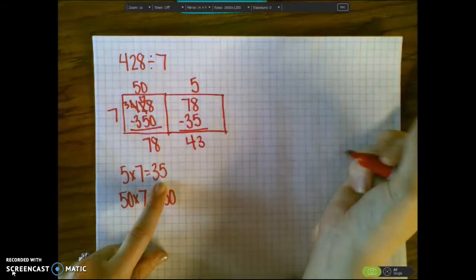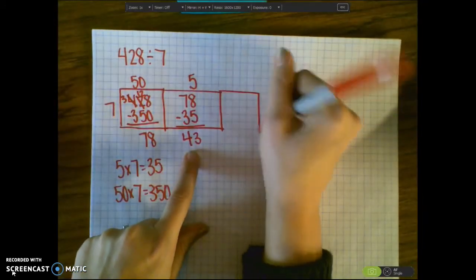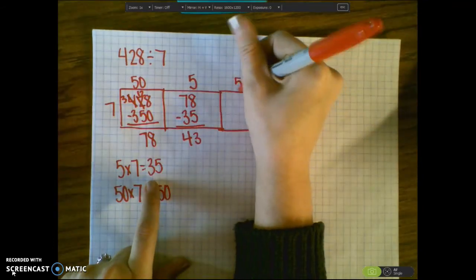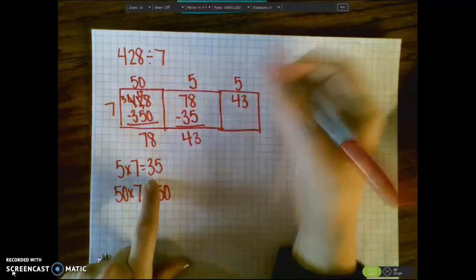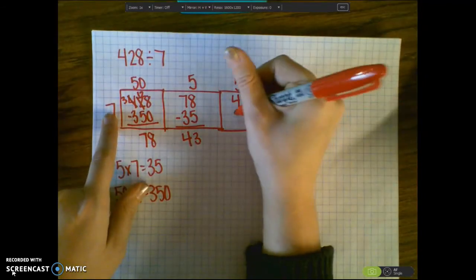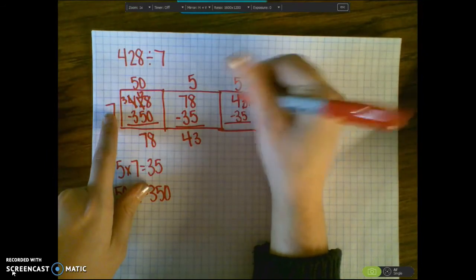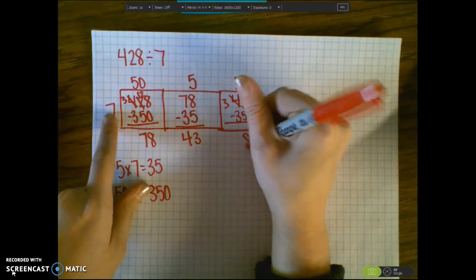Subtract, they get 43. Well, 43 is still more than 35. So 5 groups of 7 again, my new dividend, 5 groups of 7, subtract, we need to regroup. 13 minus 5 is 8.